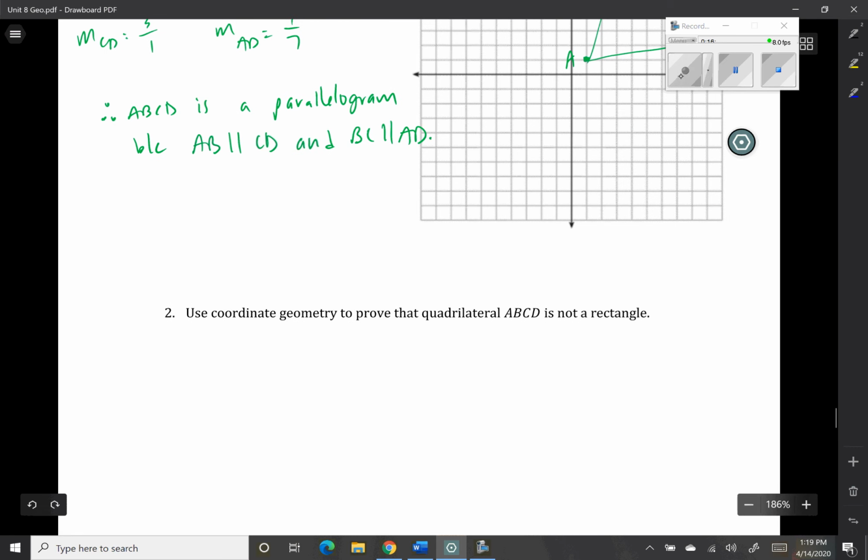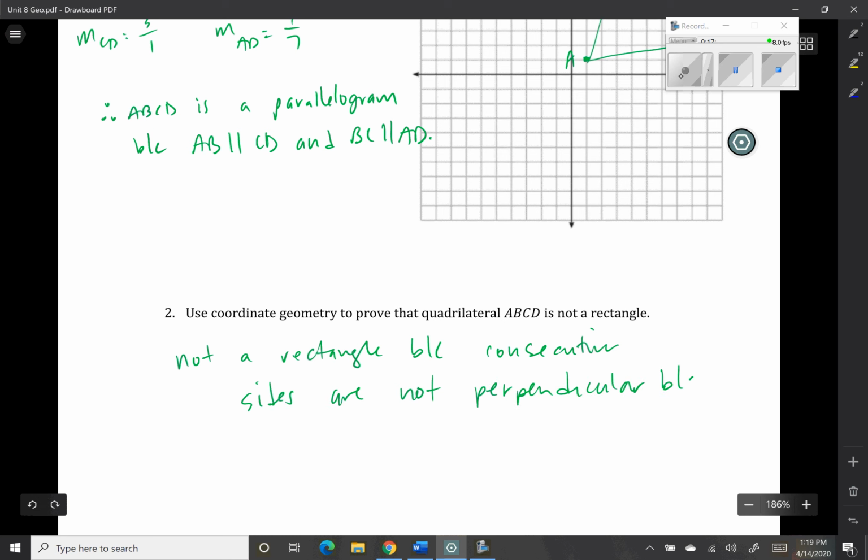So we can say it is not a rectangle because consecutive sides are not perpendicular because their slopes are not negative reciprocals.